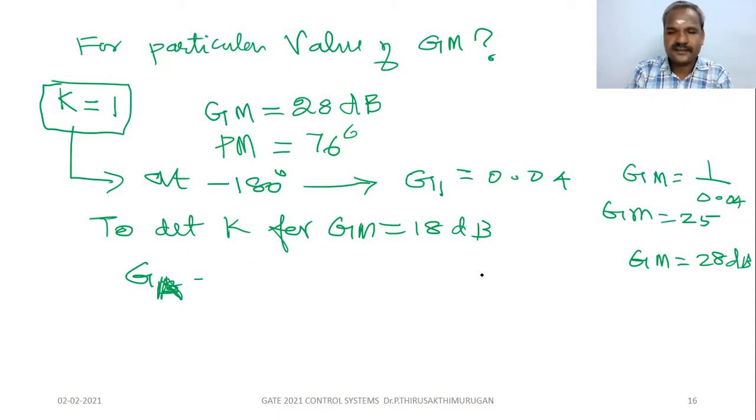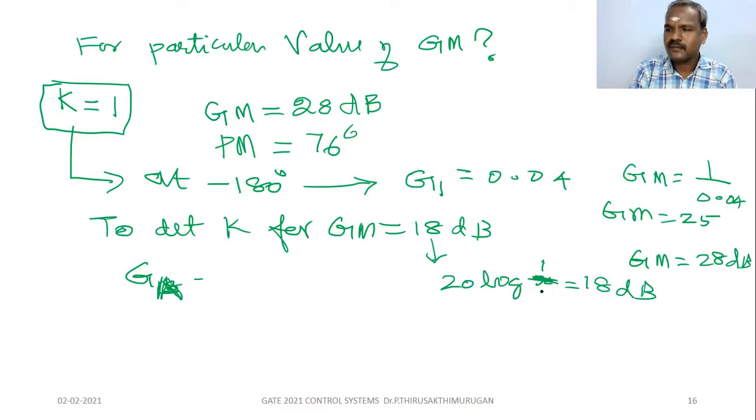So convert this dB into numeric form. 20 log X equals 18 dB, or 20 log 1 by GA equals 18 dB. What is GA?